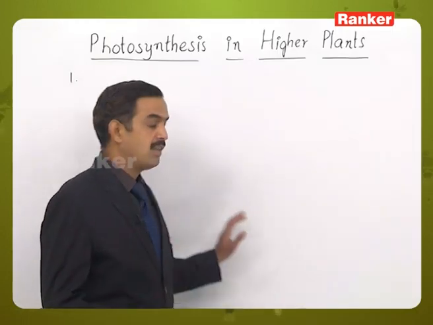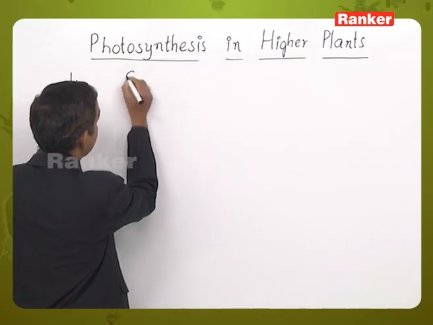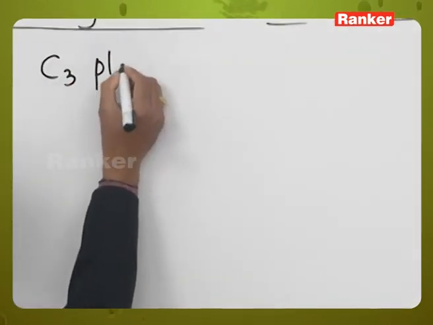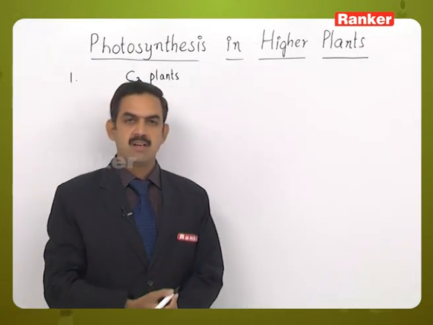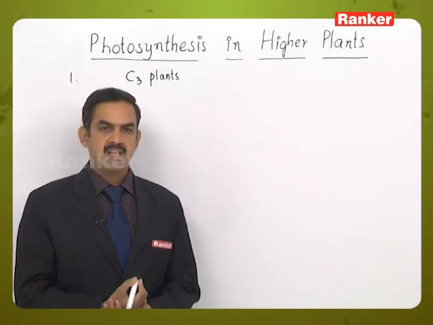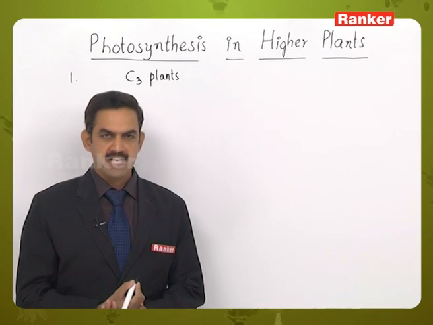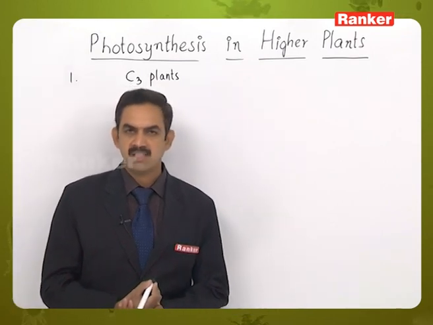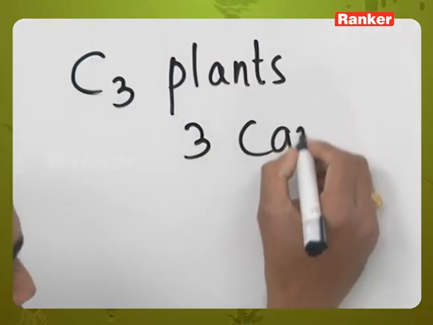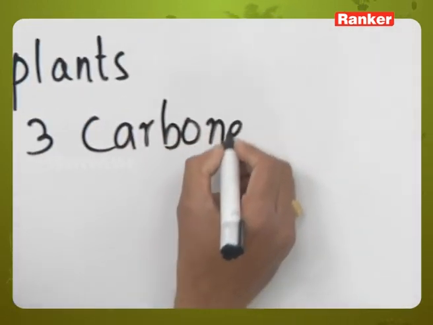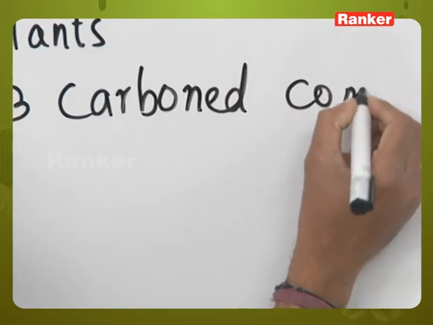The question is related to C3 plants. So what are C3 plants? C3 plants are those where, wherever carbon dioxide fixation takes place, the first stable compound formed is a 3-carbon compound. That's the reason we call those plants C3 plants.